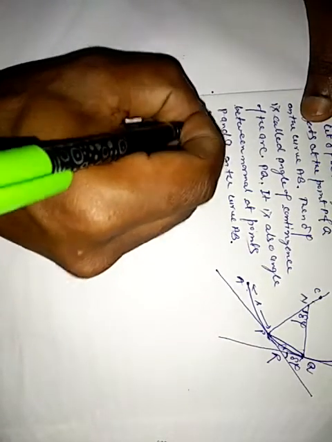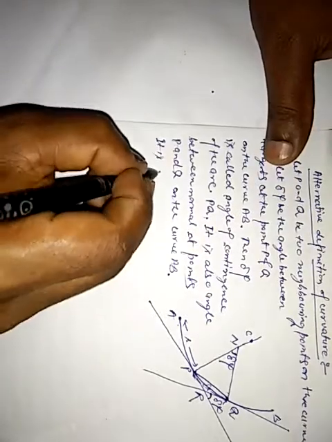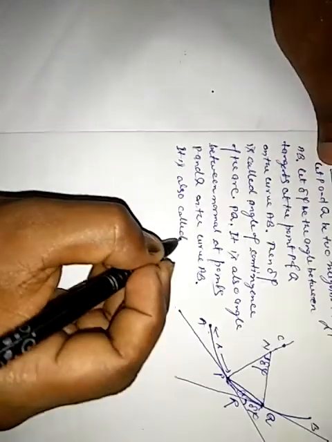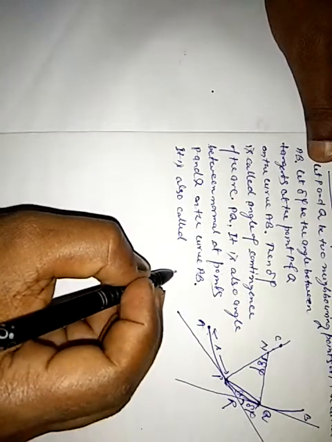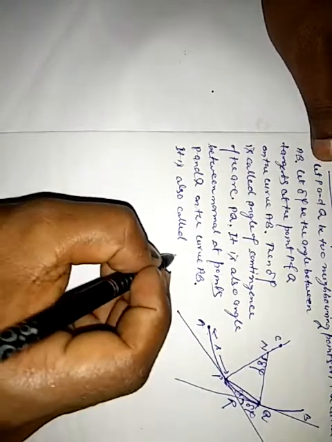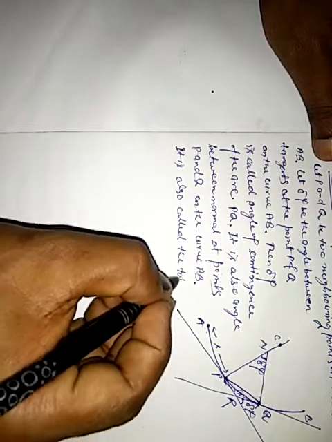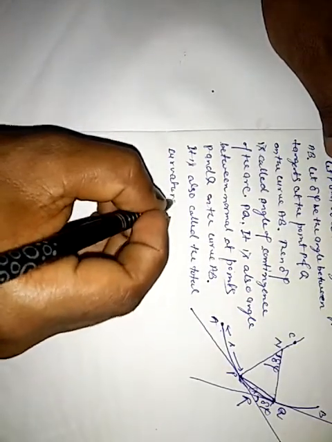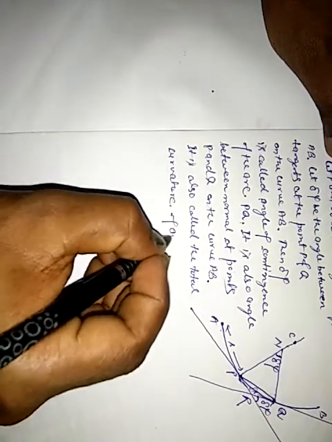It is also called the total curvature of the arc PQ.